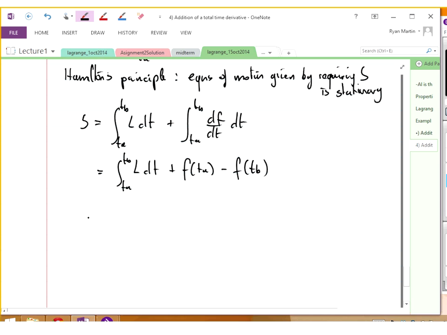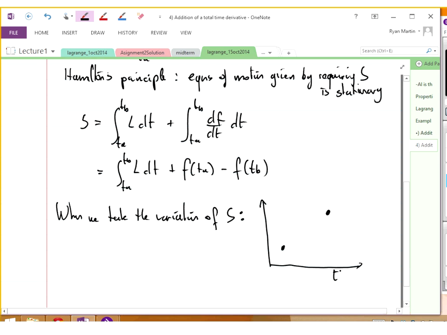Now remember, when we take the variation, what we're doing is we have 2 points in space, in this case in time, and when we're doing the variation of S, we're finding the path where S is stationary, right?